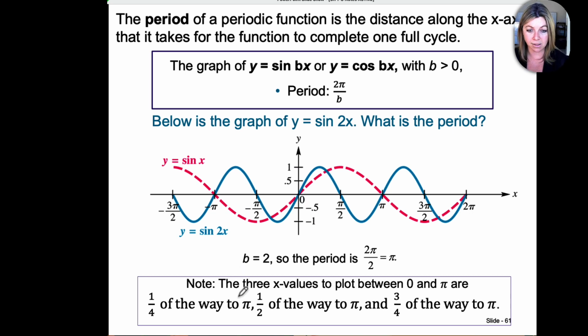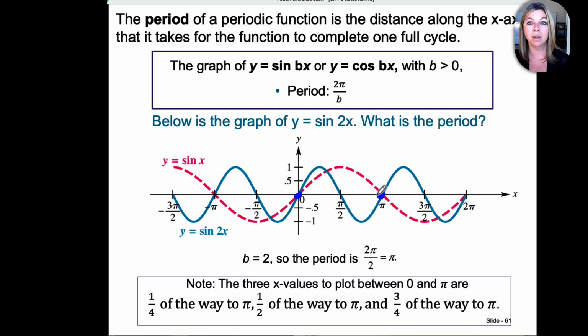It says the three x values to plot between 0 and pi. For this example, 0 is right here and pi is right here. That is the distance covered to complete one period of sine. So we're focusing on just this one right here. We know the start of it and we know the end.